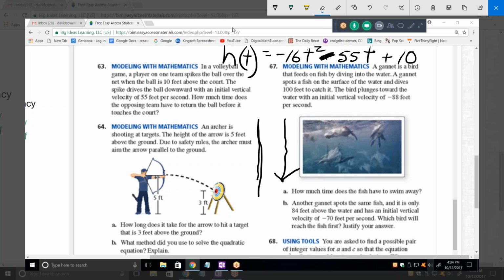Now, how do I solve the problem of how long do we have to react before it hits the ground? So, what do I need to plug in for what? I think 0 for the height. Exactly. In other words, that's when it'll hit the ground, is when the height is 0. So just make that 0 and solve that quadratic.